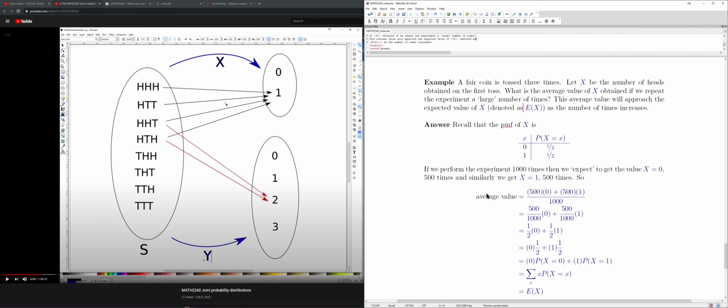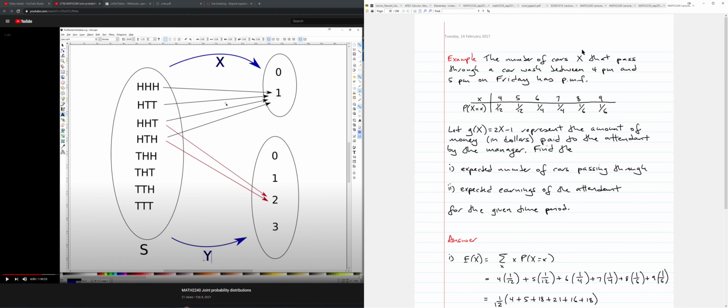If you do the experiment 1,000 times, or 10,000 times, or a million times, the average value gets closer and closer to this expected value. Informally, it will converge: as you increase the number of times you do the experiment, the average value would approach the expected value of x.